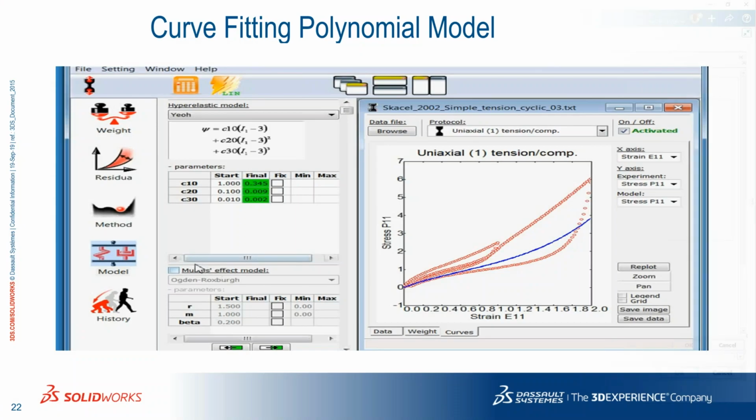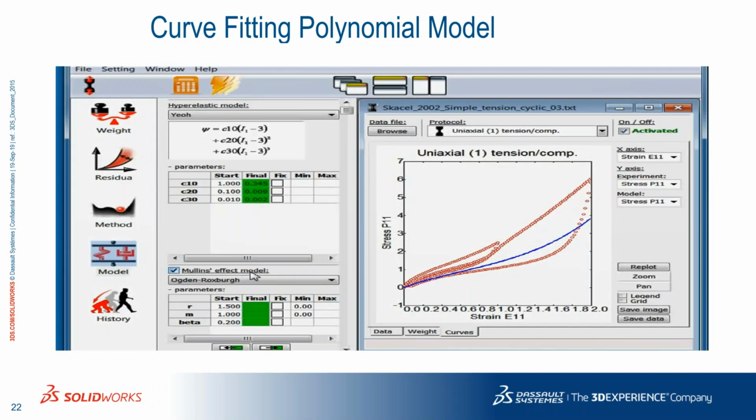You need some type of software. Here is just an example. I'm not supporting any specific software. You can use also Excel if you want. So in this case, I have the curve, and the software is trying to fit it by varying the constants in the model.